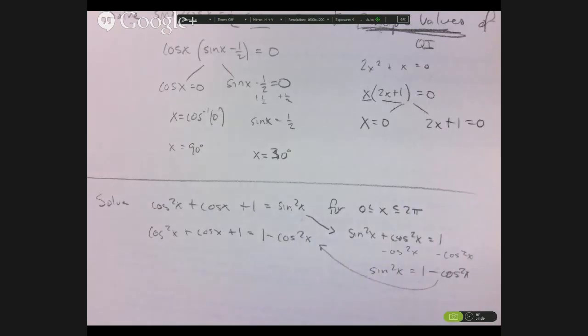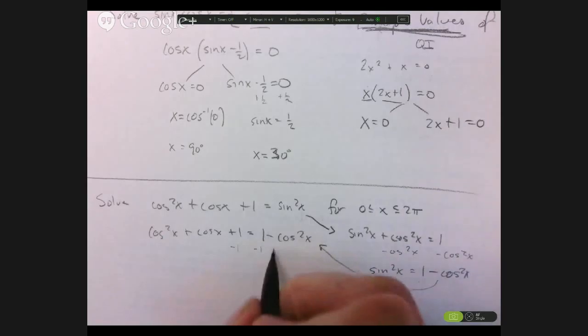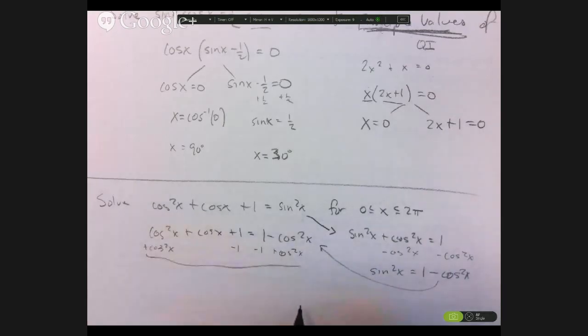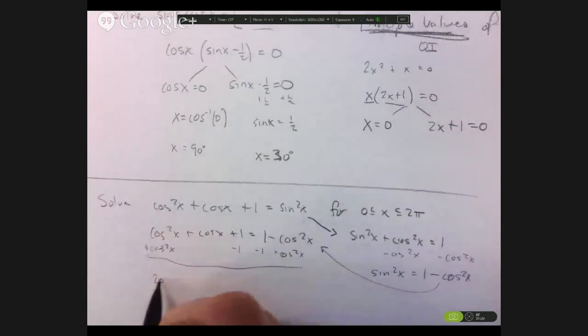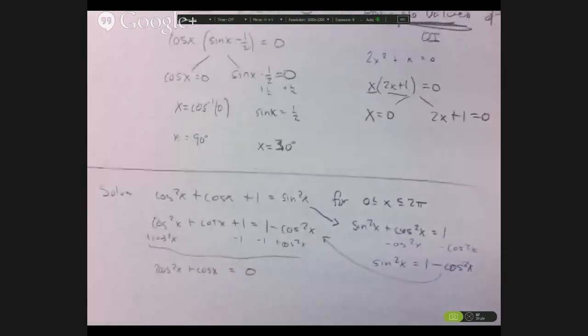So, okay, I'm going to subtract 1 from both sides and add cosine squared. So I get 2 cosine squareds plus cosine, and then that's just going to equal 0 because the ones actually cancel each other out.